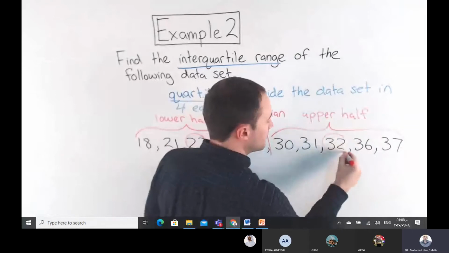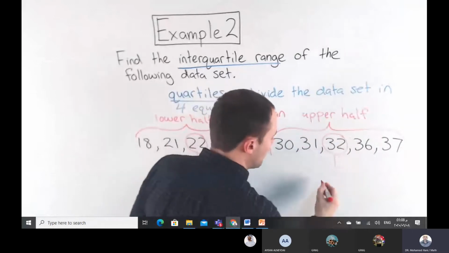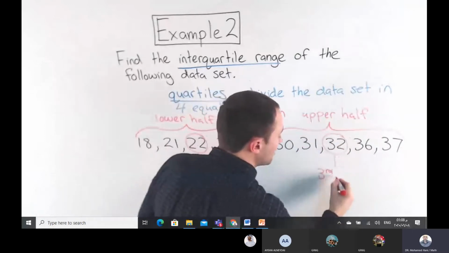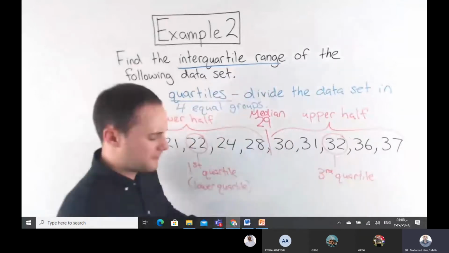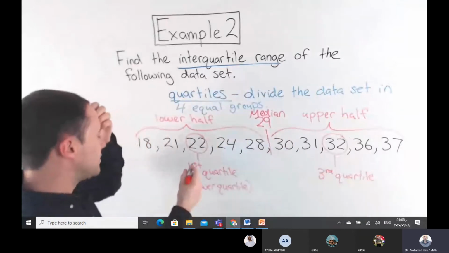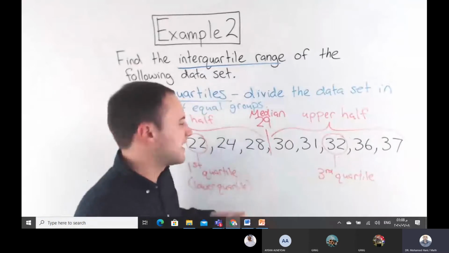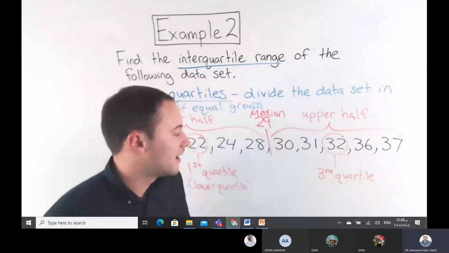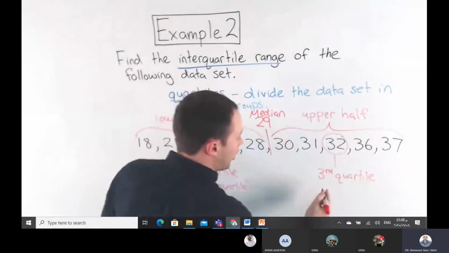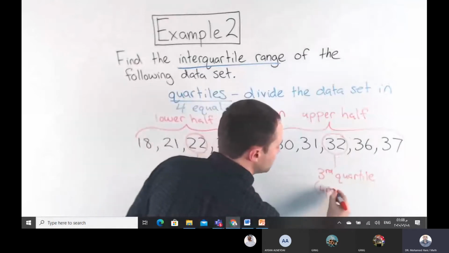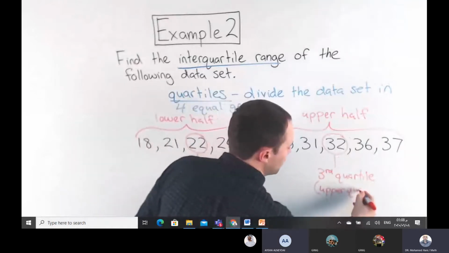That would be 32, right in the middle. So that is our third quartile. Because if you want, you can kind of think of it, here's our first, the median is kind of the second, I guess you could say, and this would be the third quartile. Or again, you could call it the upper quartile, same thing.